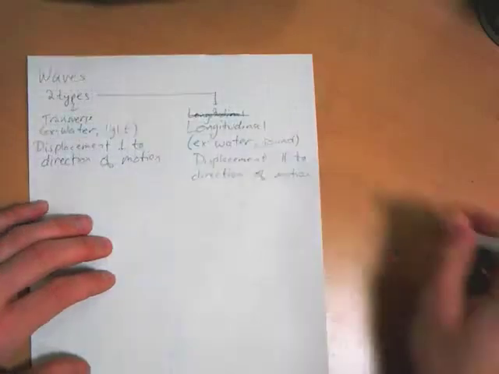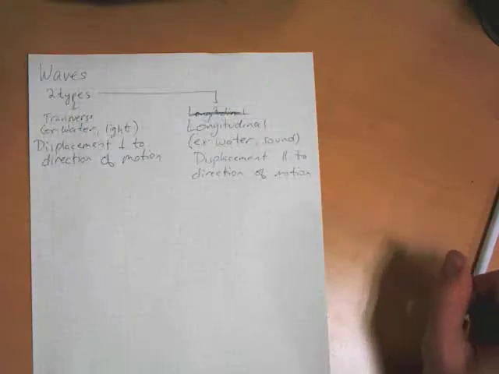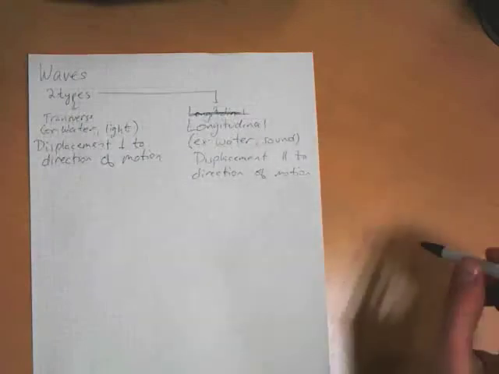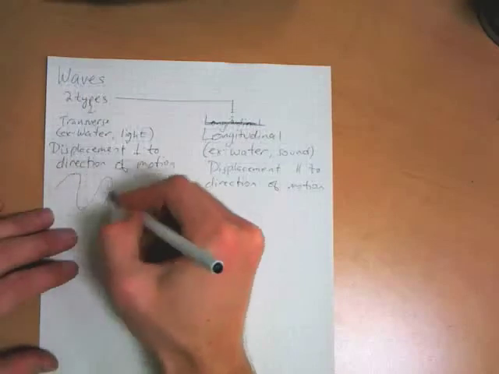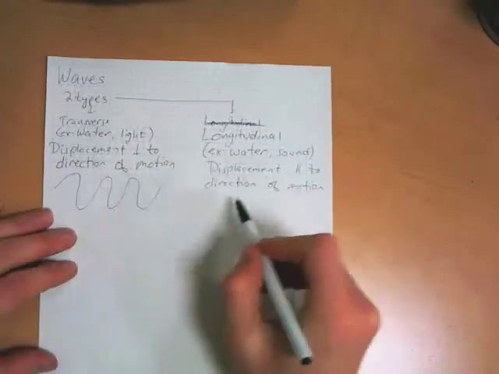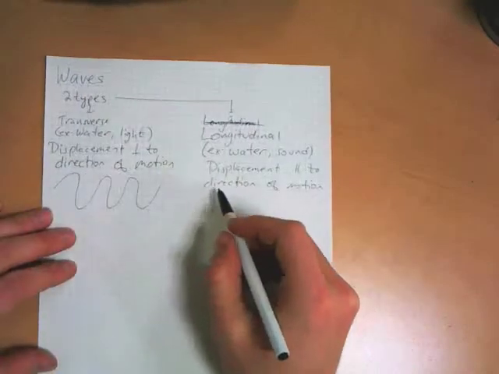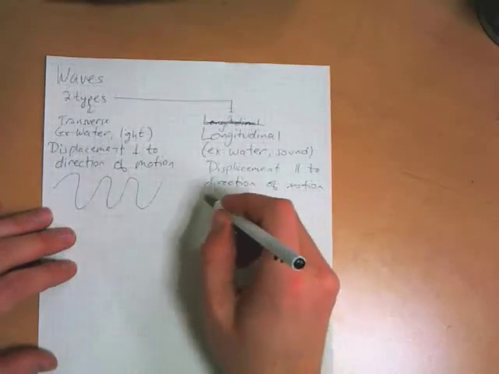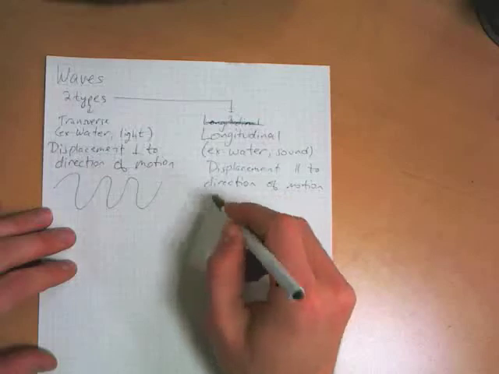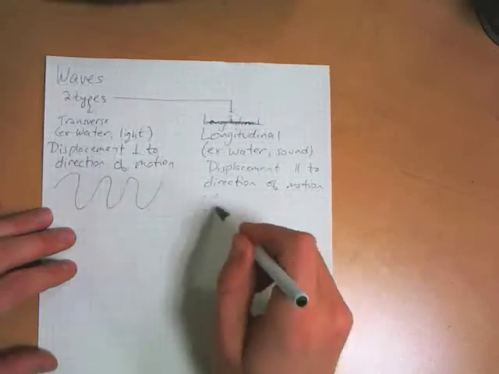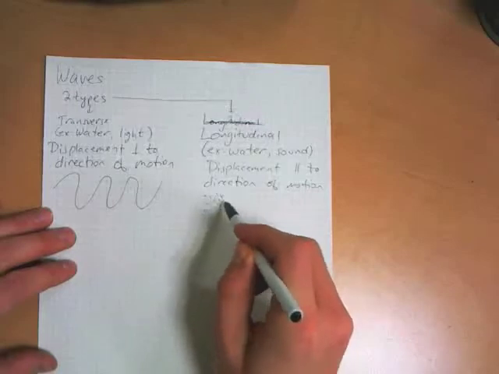And what happens with a longitudinal wave is that a transverse wave looks like our typical sine wave. A longitudinal wave is harder to draw, but if you have particles, they're kind of spread out, and then at certain points they get packed in more densely.